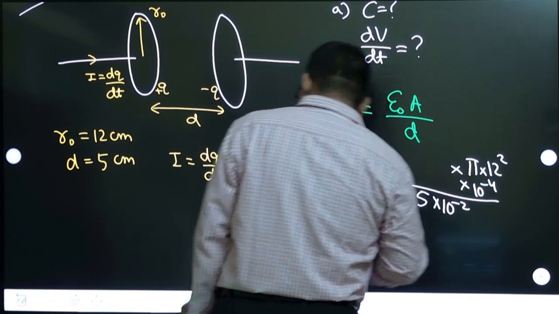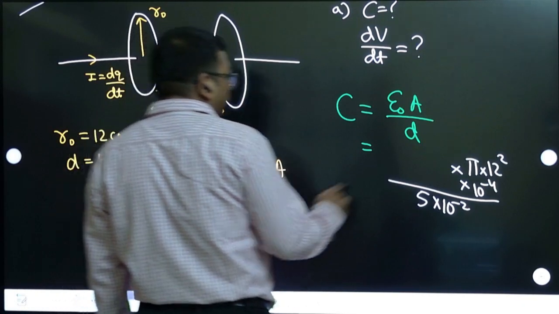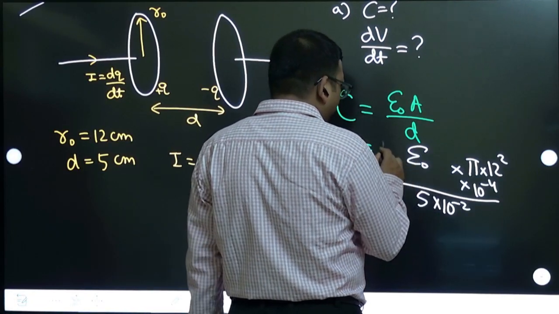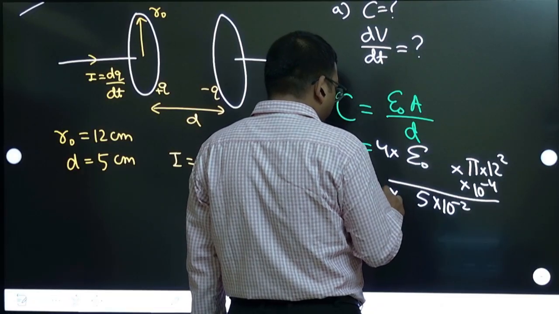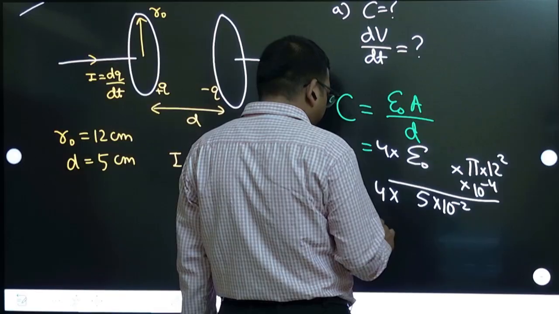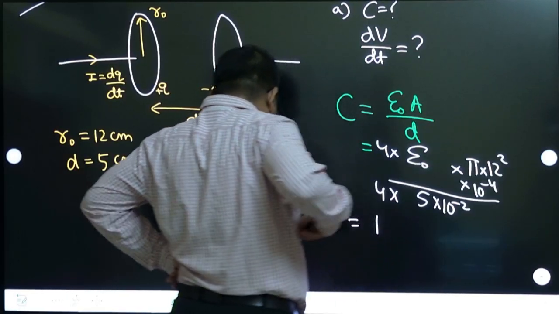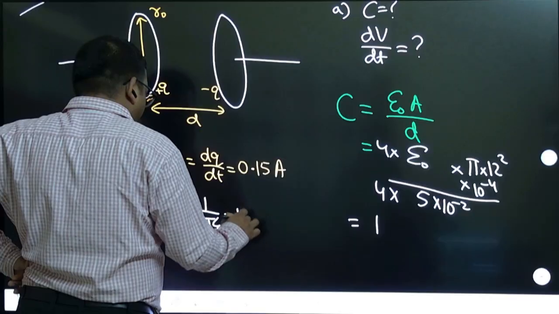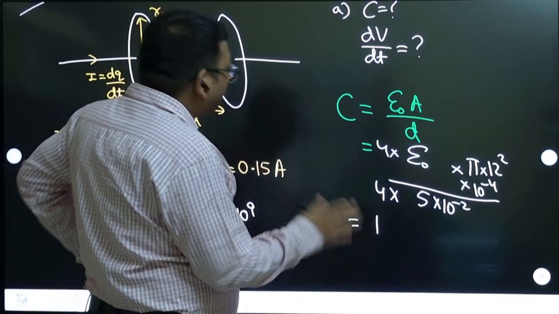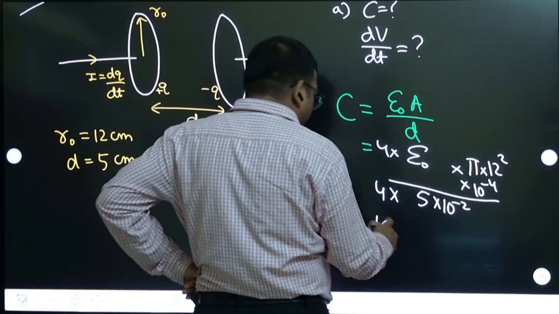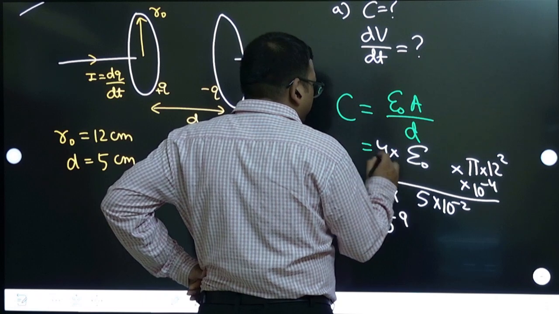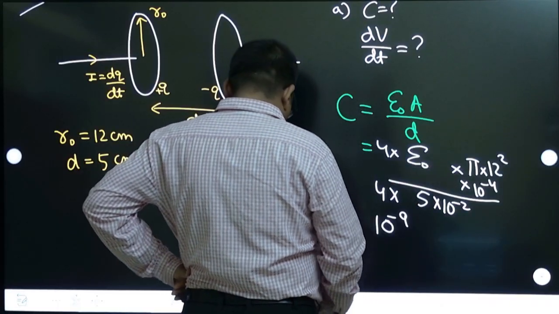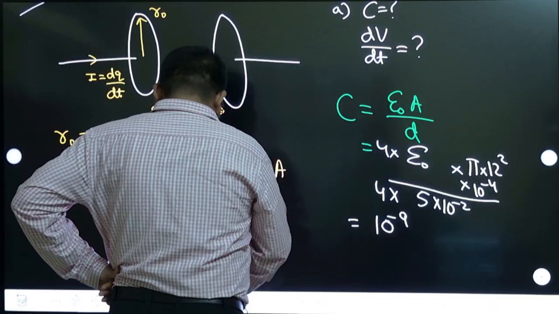I will keep epsilon naught as epsilon naught, and this 4 factor I want, so I will multiply 4 and divide 4. 1 by 4 pi epsilon naught is 10 to the power 9, so 4 pi epsilon naught will become 10 to the power minus 9.